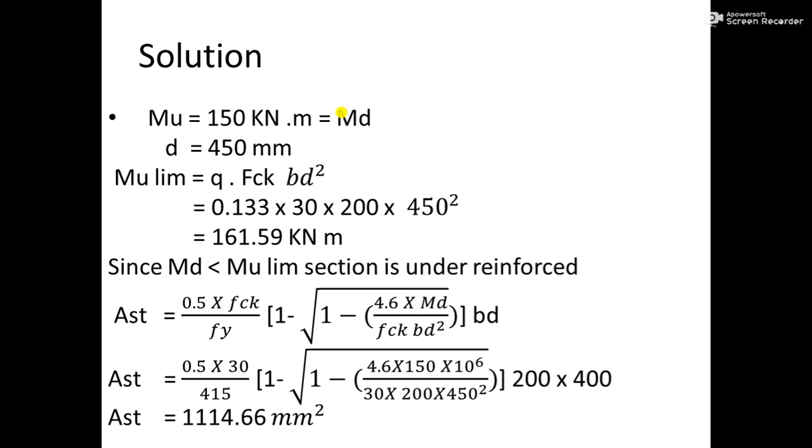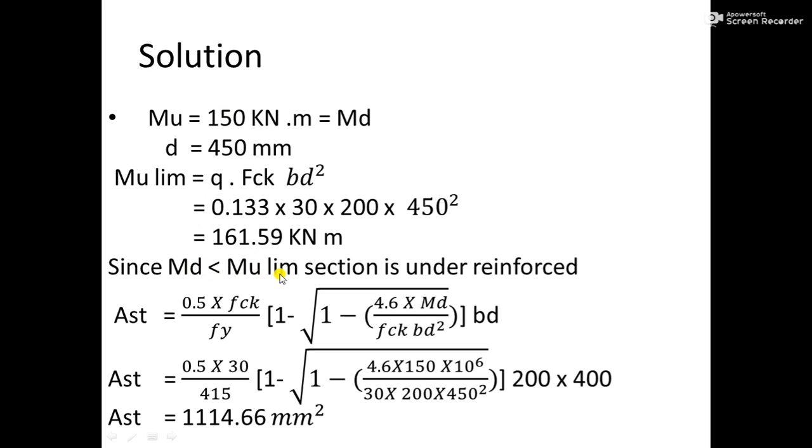So 0.133, fck of concrete is 30, width b 200, depth 450 square. That is Mu limiting 161.59 kilonewton meter. But the actually given ultimate moment is 150 kilonewton meter, and the limiting or maximum value which we can put on the beam is 161.59 kilonewton meter.